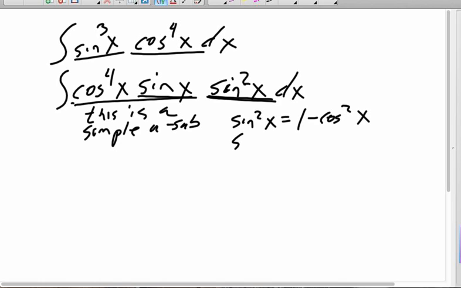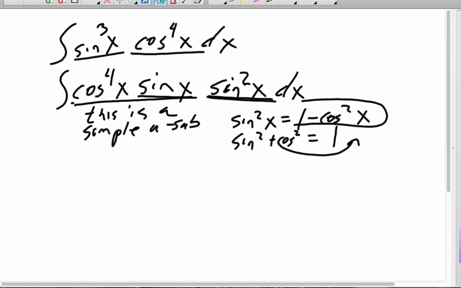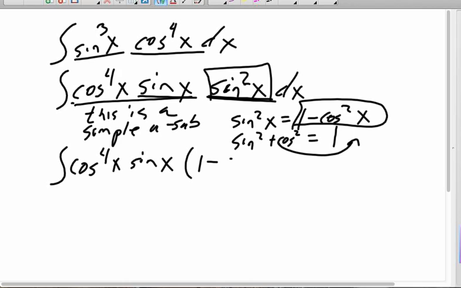This comes from sine squared plus cosine squared equals 1, and I just moved that over. So what we do is put this in place of this. And if you see what's happening now, I'm getting rid of the sines that I don't want. Now I've got the integral of cosine to the 4th of x sine of x that I want, and I'm multiplying that by 1 minus cosine squared of x dx.